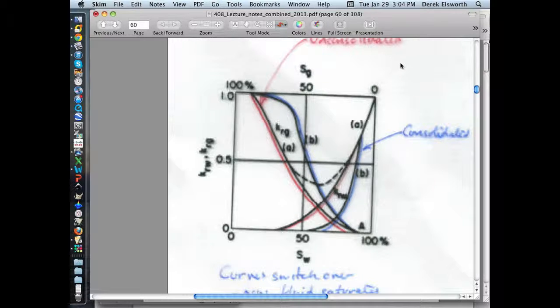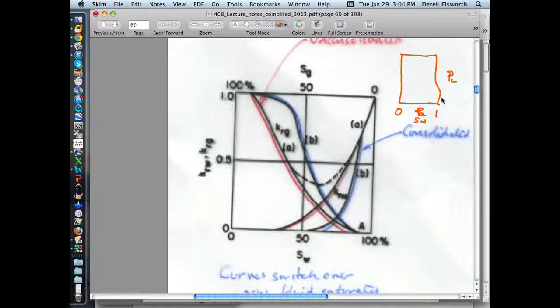We made the point before, I think it's more straightforward to understand it when you think about capillary pressure versus saturation curves. For instance, if you have, sorry, I did that wrong, didn't I? This is saturation.